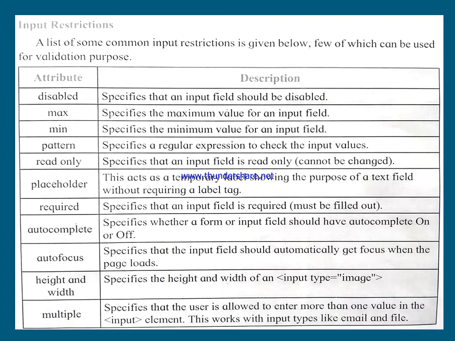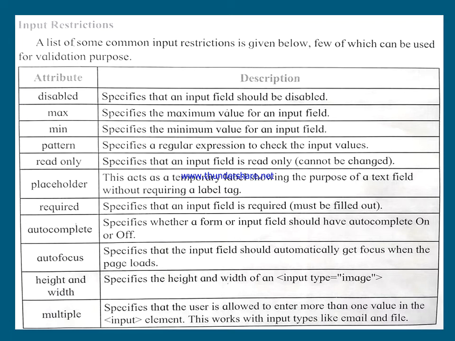Now next is readonly. So what is the meaning of this readonly? When you view that form on a web page, you will only read the content of that particular element. You cannot update or write anything in that particular element. This is strictly provided by using the readonly attribute of the input tag. Now next is placeholder.